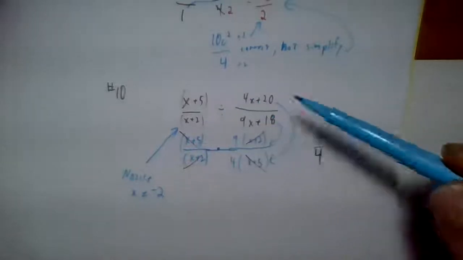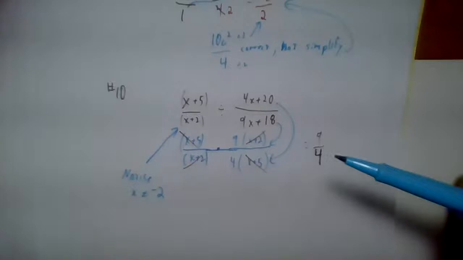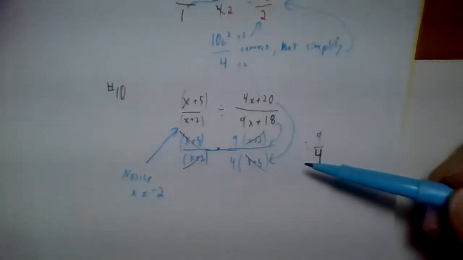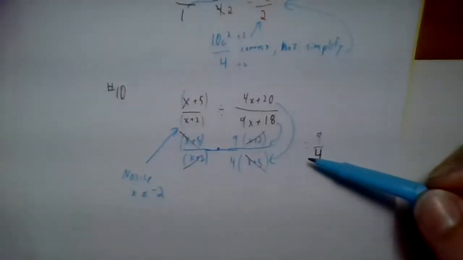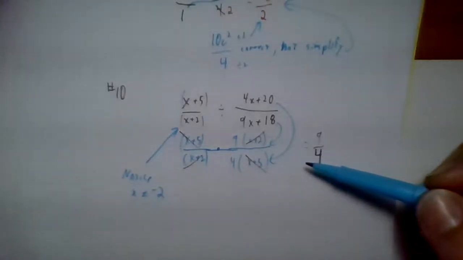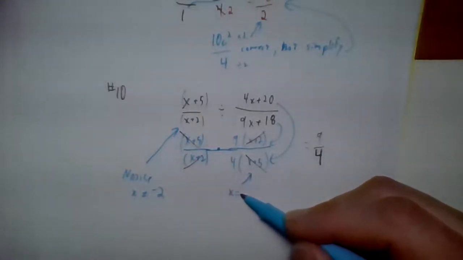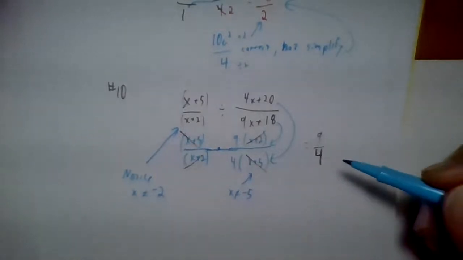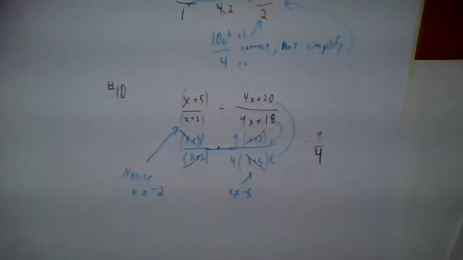So if we're thinking of these as functions, or if they're in an equation and we're looking at particular x values, then we have to realize that's off limits. x can't be -2 because that would be a 0 denominator. In our final form here, it's also true that x can't be -5. Those numbers are not in the domain of this thing, they're off limits. It couldn't be a solution there.